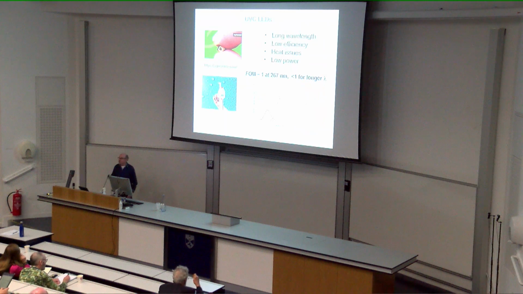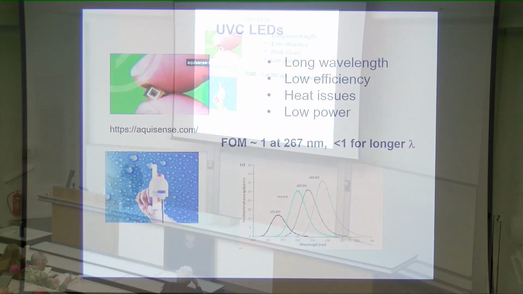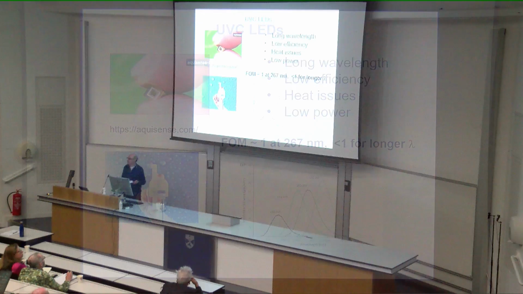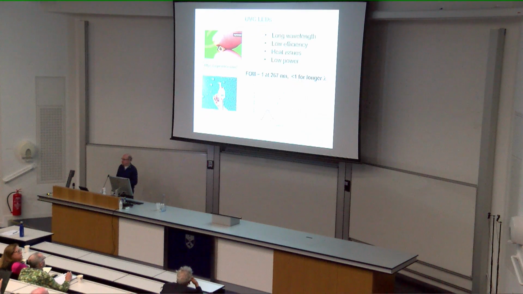UVC LEDs are long wavelength, though we've heard research in the last hour on pushing to shorter wavelengths, and that's good, but they're already at low efficiency, and theoretically the efficiency goes down as you go to shorter wavelengths. They're very good for small applications, and wound healing and so on.